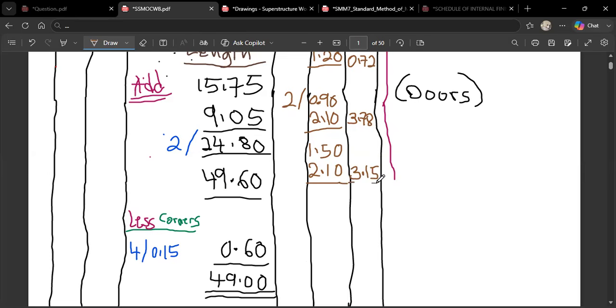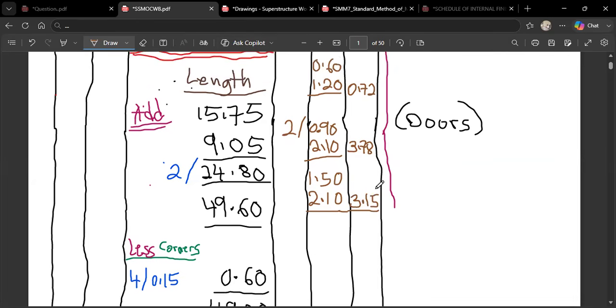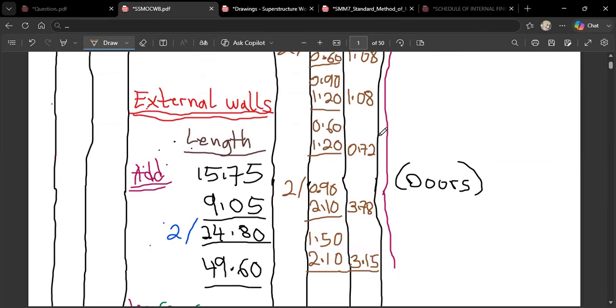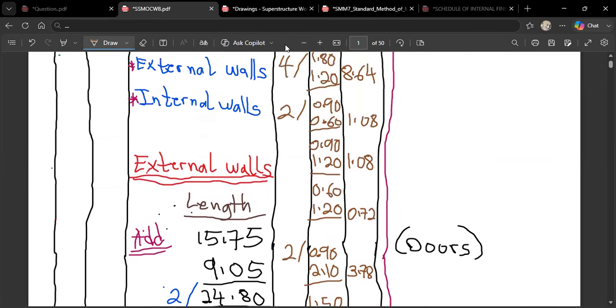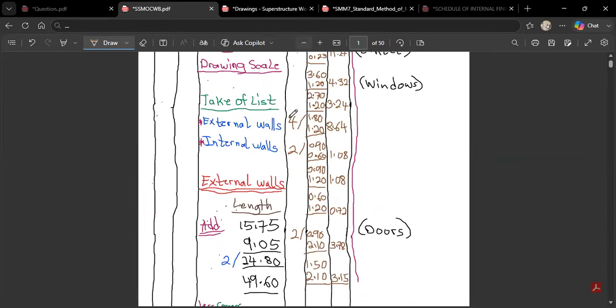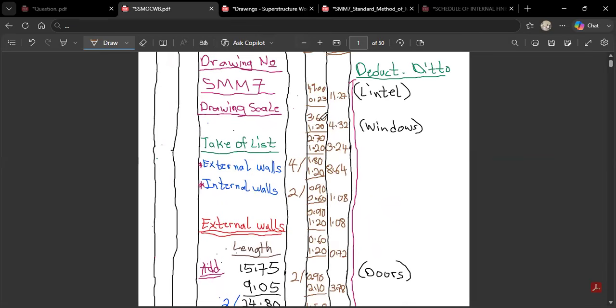So you can get our total answer from here. We add all these values in this column. Let's quickly add them together and see the answer we are going to get.